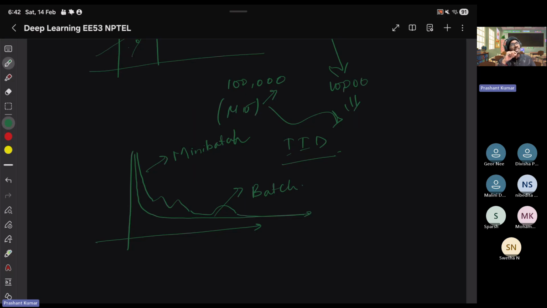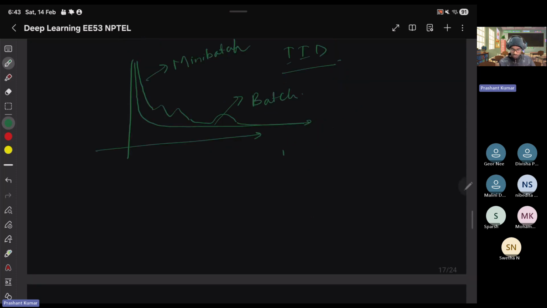There can be another advantage. Sometimes, let's say you are figuring out the optima. Since you have some graph, this is your minima, this is your maxima, this is your global maxima, this is your global minima. In this case, when you are doing overall optimization, it might happen that you get stuck in some minima other than the global minima.